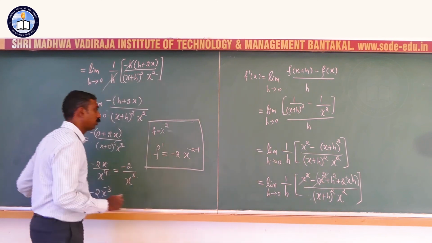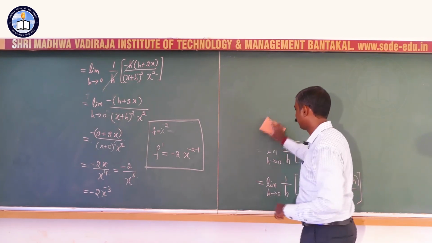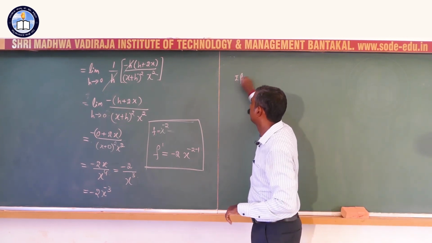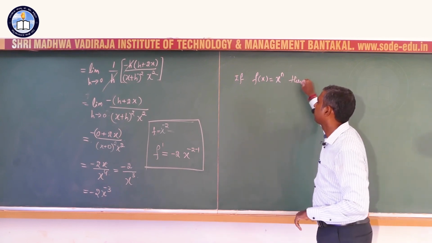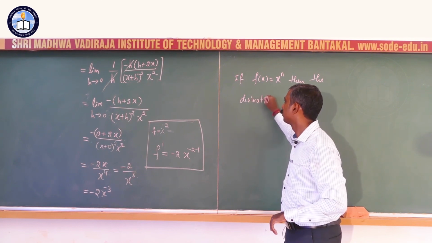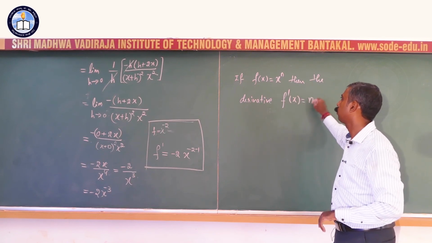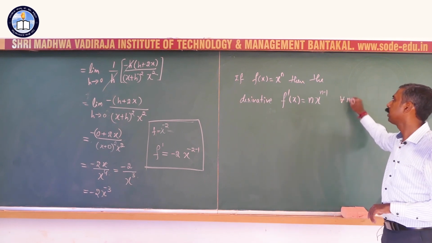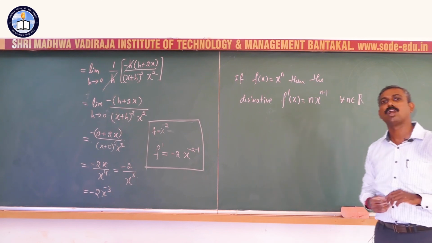So, in conclusion, we can say if f of x is equal to x power n, then the derivative f dash of x is equal to n into x to the power n minus 1 for all n belongs to real number set, for all n belongs to R.